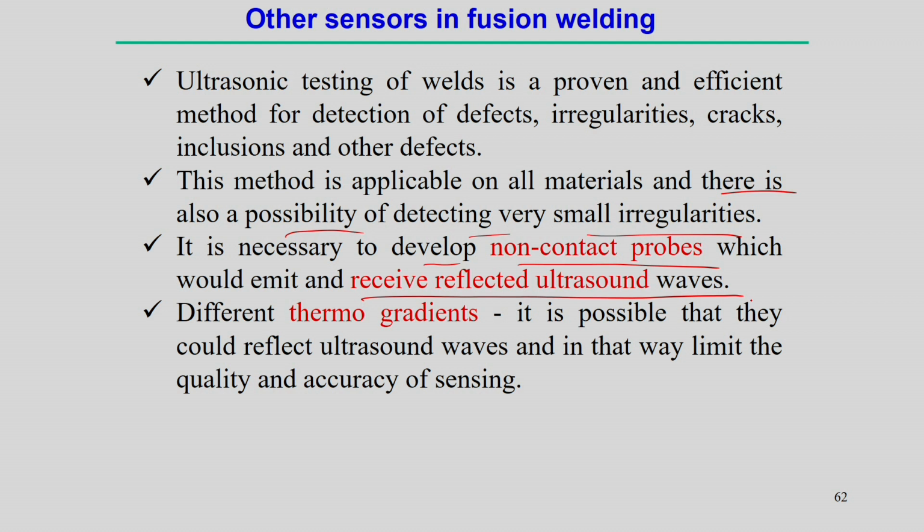We first pass the ultrasound, then a receiver detects the reflected ultrasound, and we analyze this ultrasound pattern and based on that we can detect defects or other irregularities in the process. It is even possible to detect thermal gradients in the material during or after the manufacturing process through ultrasonic testing technology.